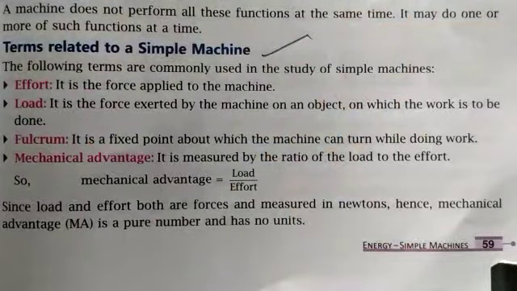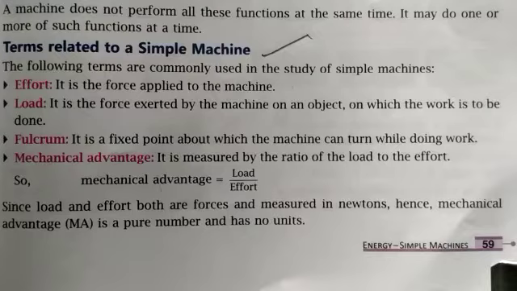Next is mechanical advantage. It is the measure of the ratio of the load to the effort. So the formula for mechanical advantage is load upon effort. Since load and effort are both forces measured in Newton, mechanical advantage, that is MA, is a pure number.